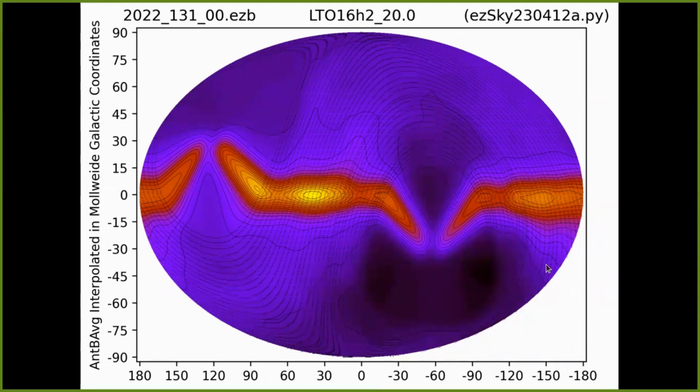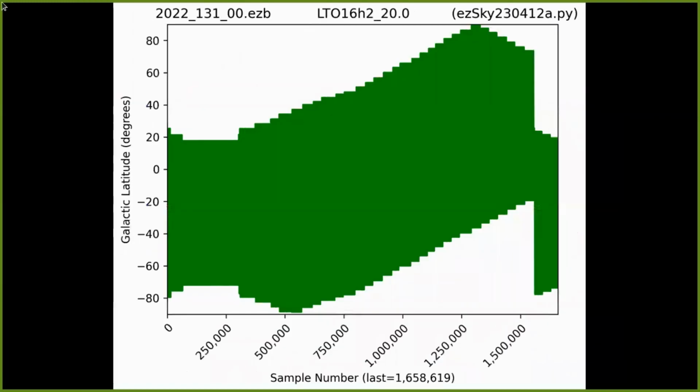So sometimes the telescope is looking above the galactic plane, and sometimes during the day it is looking below the galactic plane. That's what this plot says. For each sample, each vertical line going up and down, we have data points, little green dots, going up and down for the galactic latitude.